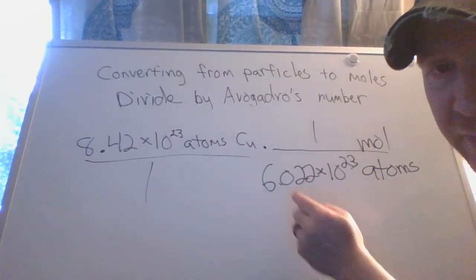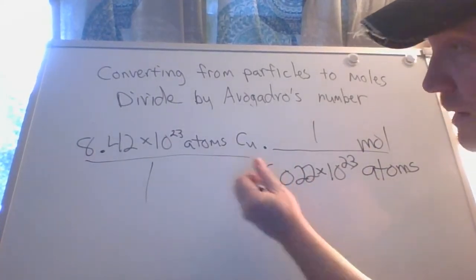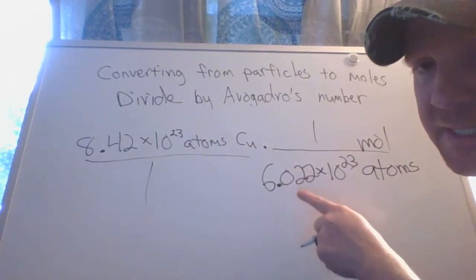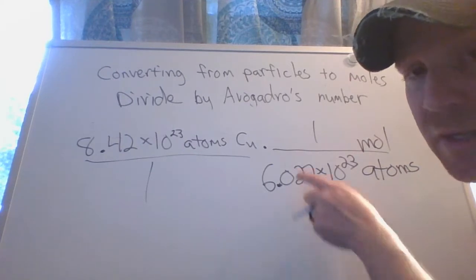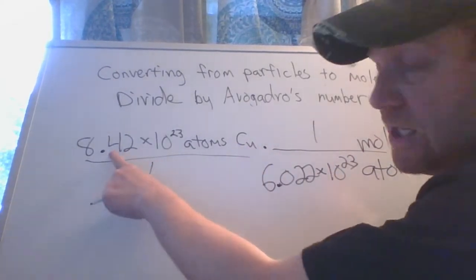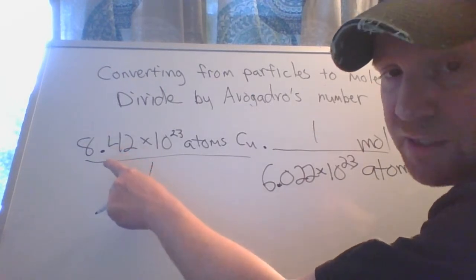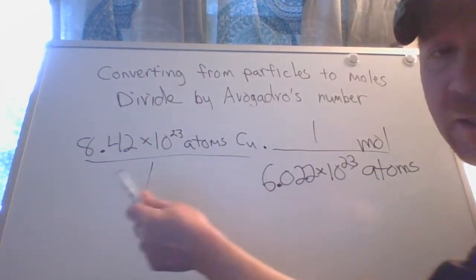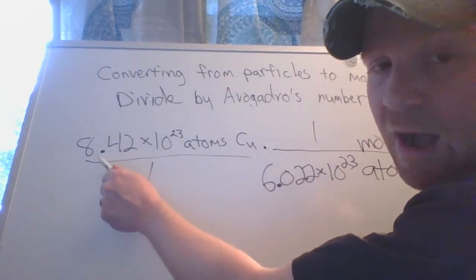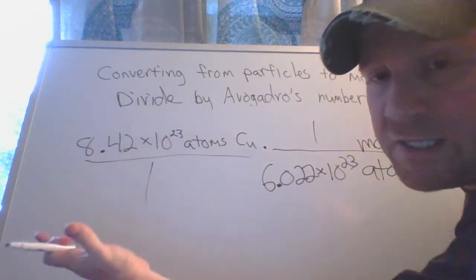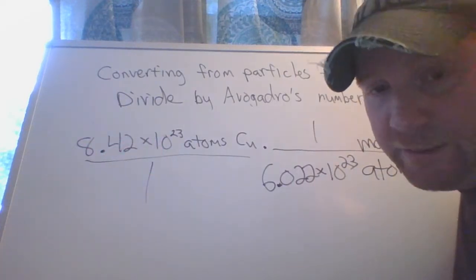I gave myself enough room that time. 8.42 times 10 to the 23rd divided by 6.022 times 10 to the 23rd. Your answer will be to 3 sig figs because of our initial measurement. It would be just over 1 mole. I wanted it to be a number higher than Avogadro's number, but not too high. The answer would be 1 point something. I should have calculated it, but I did not.